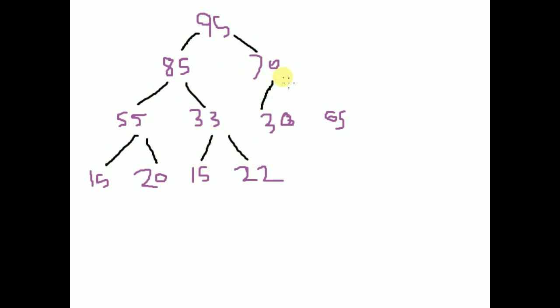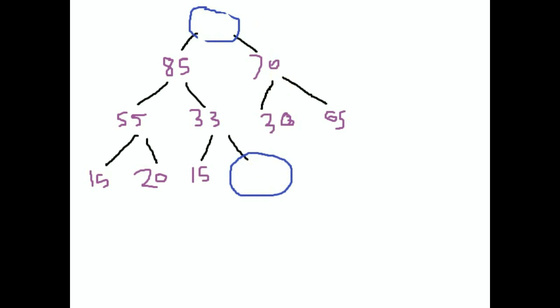Now in order to delete the root node, this is 95, what we have to do is we must select the last element, last node, and replace the values. Like 22 will come here, and this last node will be deleted.